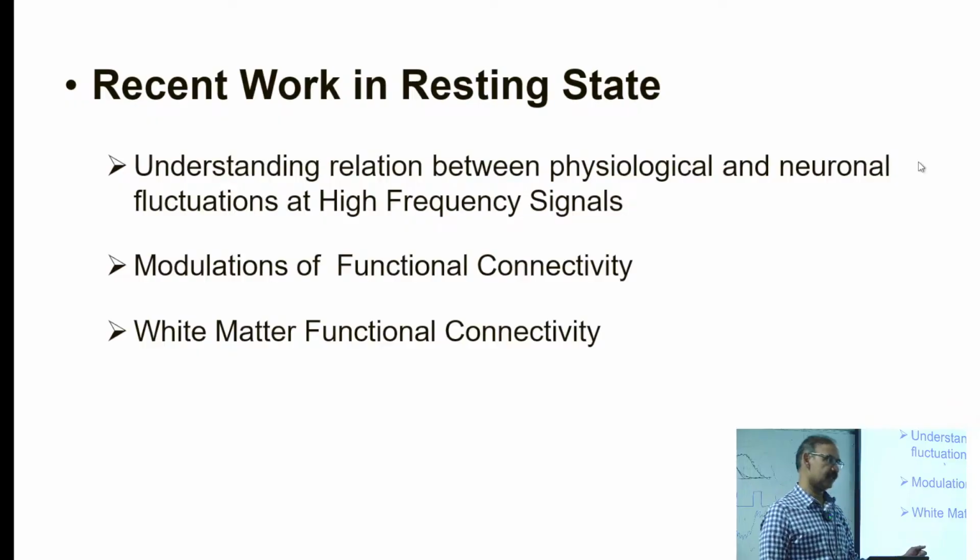As we have discussed, the fMRI signal has low temporal resolution, and with fMRI we typically get data once every 2 seconds, right? So if we get data once every 2 seconds, then our Nyquist bandwidth is going to be only 0.25 hertz.